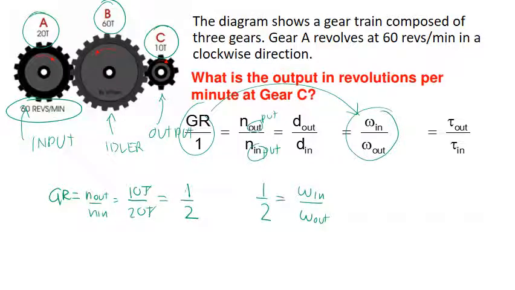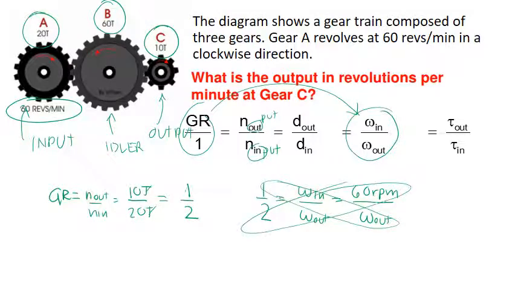Because I already know that the angular velocity in is 60 RPM divided by an unknown out, I only have one variable I need to solve for, and that's the revolutions out. So I'm going to cross multiply.